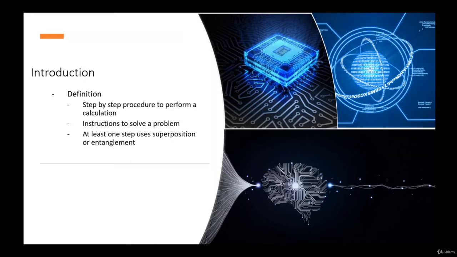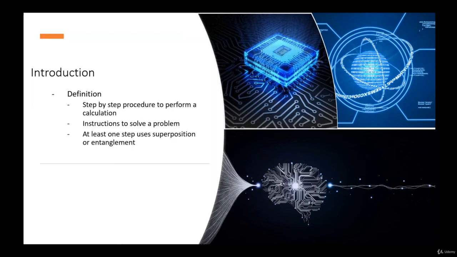In a quantum algorithm, the main difference is that there is at least one step that is quantum. In other words, this means it will work with the use of superposition or entanglement.